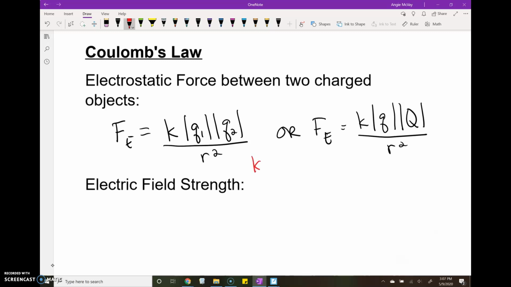This lowercase k is called Coulomb's constant, and it is 9 times 10 to the 9. Super easy to remember. Newtons, oops, that's an N, newtons times meters squared per coulomb squared.